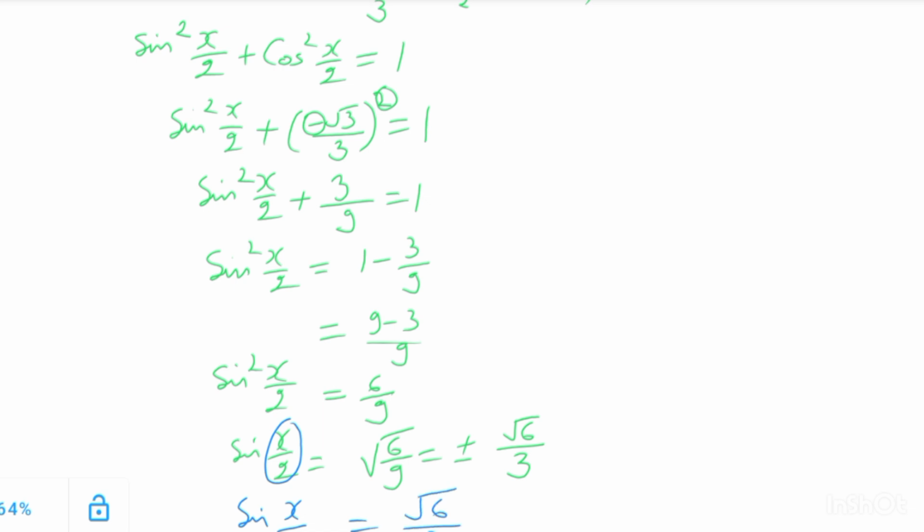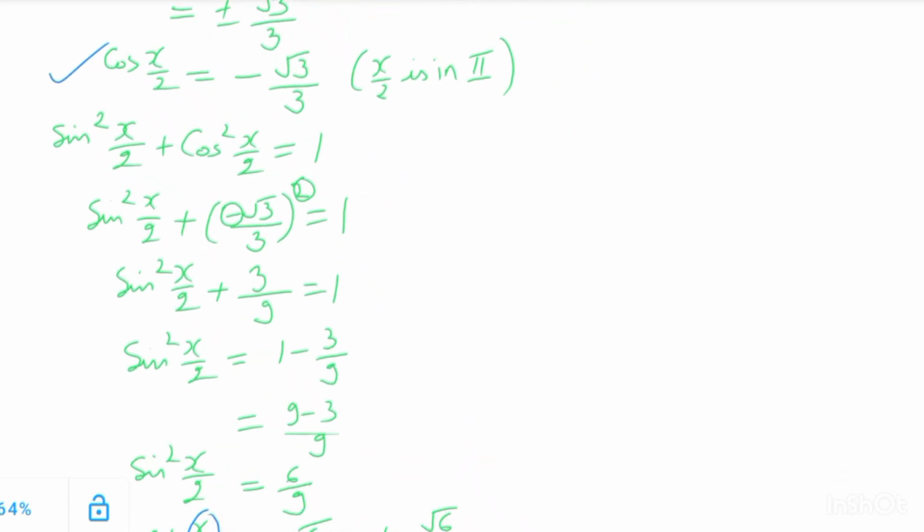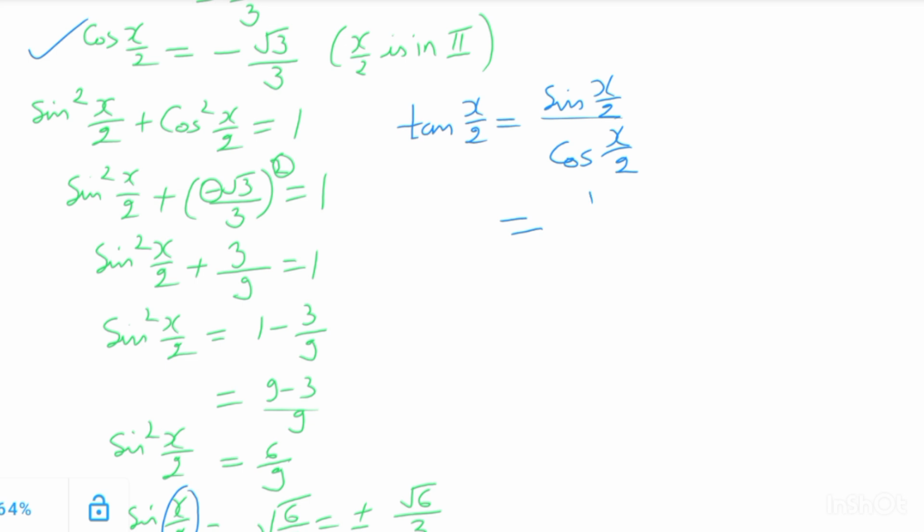Now we know the value of sine and we know the value of cos, so tan x by 2 is equal to sine x by 2 divided by cos x by 2. On substituting the value, we will get sin x by 2 is root 6 by 3 and cos x by 2 is negative root 3 by 3.